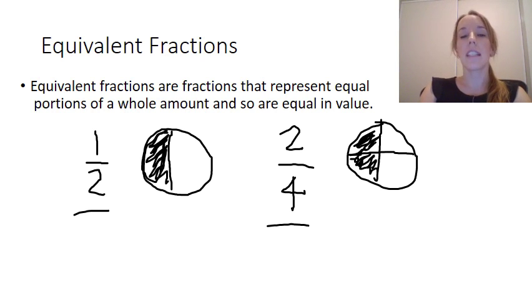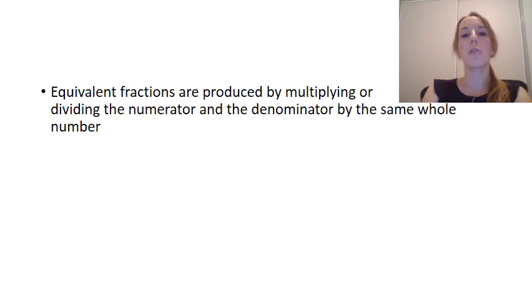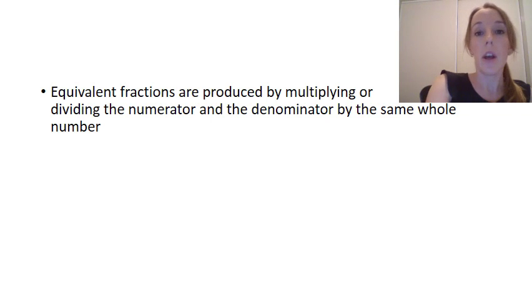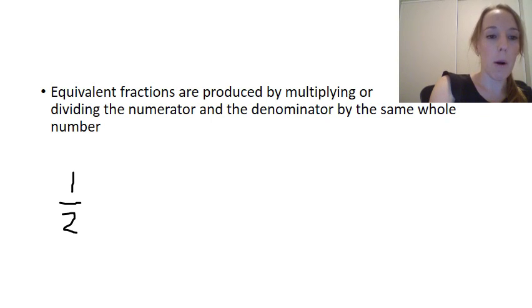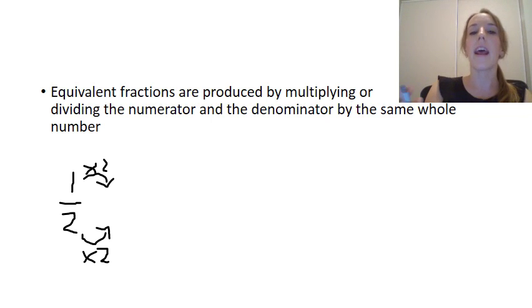So it's important that you understand equivalent fractions because we actually use these when we do different operations on our fractions. Okay, so equivalent fractions are produced by multiplying or dividing the numerator and the denominator by the same whole number. So for example, let's look at our half example, 1/2. If we multiply the numerator by 2 and our denominator by 2, we're going to get an equivalent fraction.